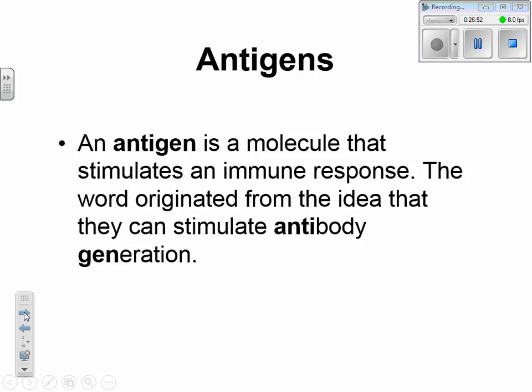So everything could be identified by antigens on the surface. Individual cells are identified particularly by molecules that are attached to the cell membrane, but non-living materials have surfaces as well. Anything that is on a surface can act as an antigen.